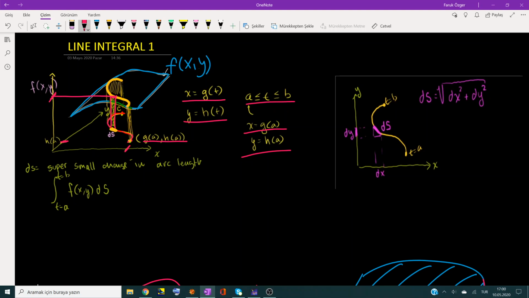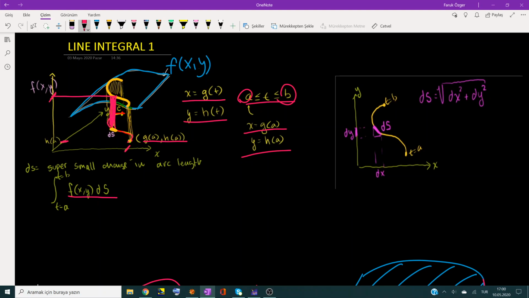So if you multiply f of xy by ds, this super small change in the arc length of the curve, then you have the area of this rectangle. Summing up all these areas from the point A to B, you have the area of the curvy looking wall from the upper curve to the lower curve.